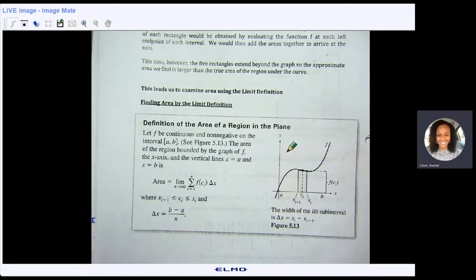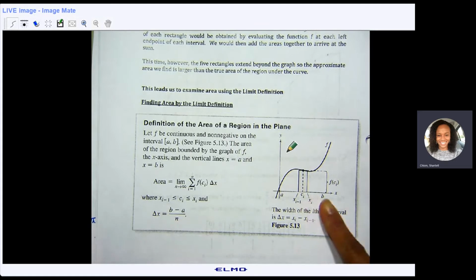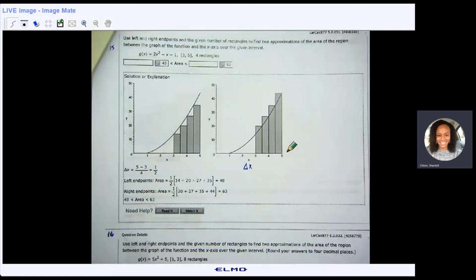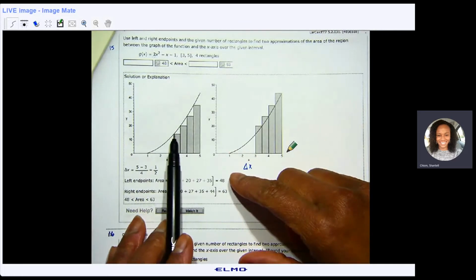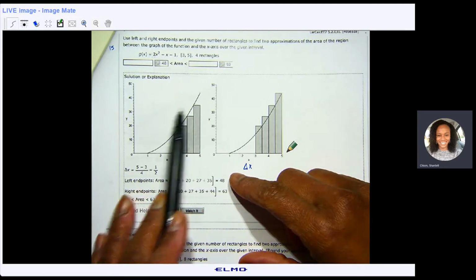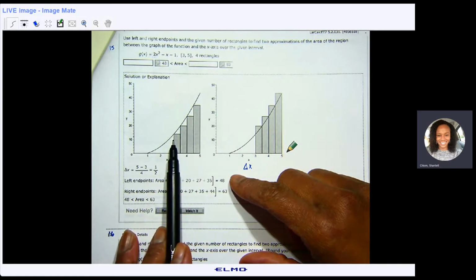The first thing you need to do is get the change in x. That's actually going to be your base. And then your height will represent endpoints. For the first part, it will be the left endpoint of each rectangle, where each rectangle touches the graph.